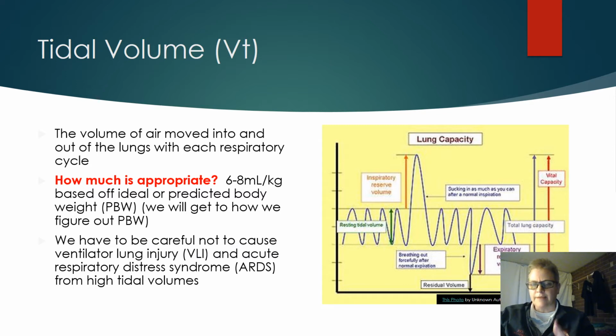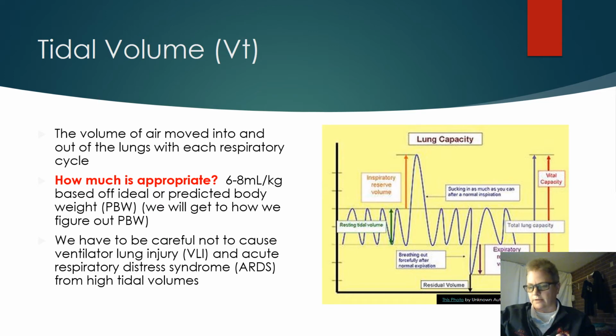It can happen with massive aspiration, as we know. It can happen with these large tidal volumes injuring the lungs, causing the inflammation, the increased vascular permeability in the lungs, the extravasation of protein-rich fluid into the interstitial space in the lungs and the alveolar space.